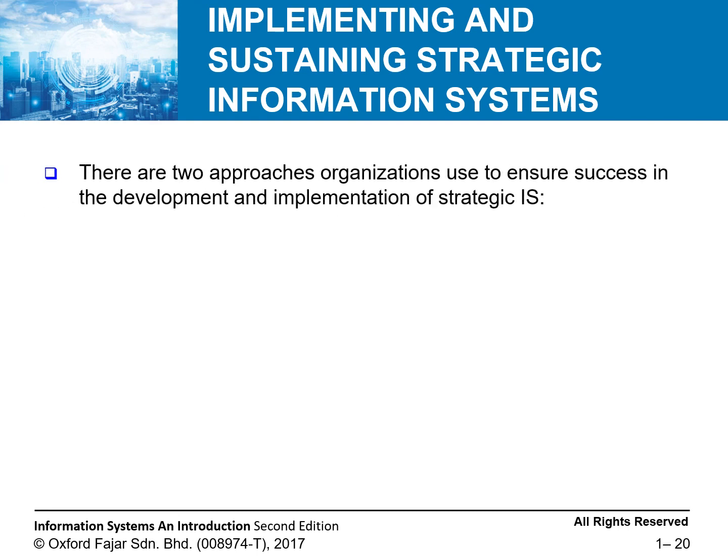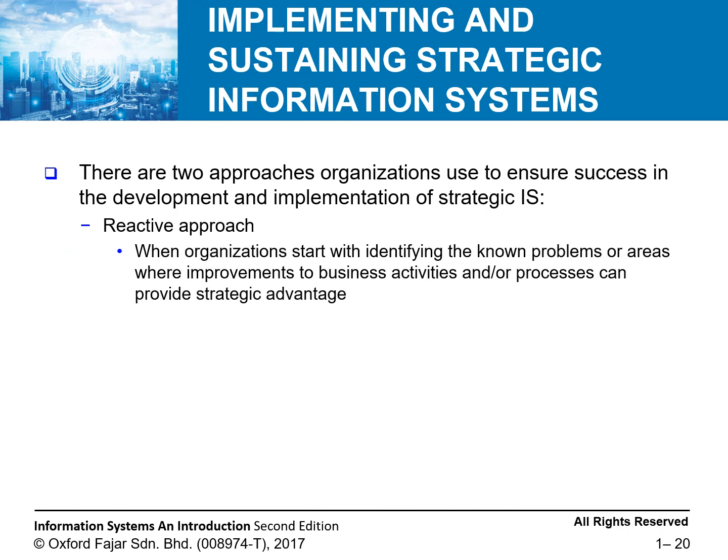There are two approaches organizations use to ensure success in the development and implementation of strategic IS. The first one is the reactive approach. Implementation of strategic IS starts when organizations identify known problems or areas where improvement to business activities and or processes can provide strategic advantage. Then organizations need to decide on a strategy and build the appropriate IS support. The second one is the proactive approach.